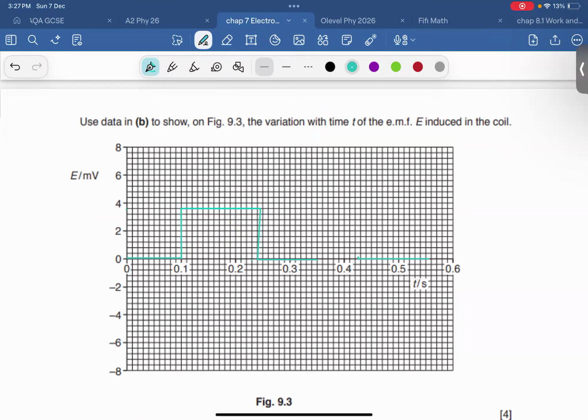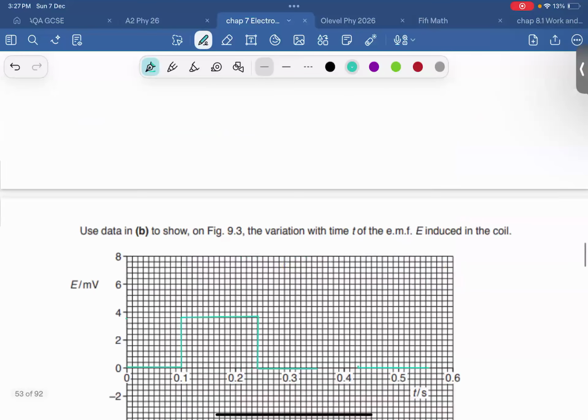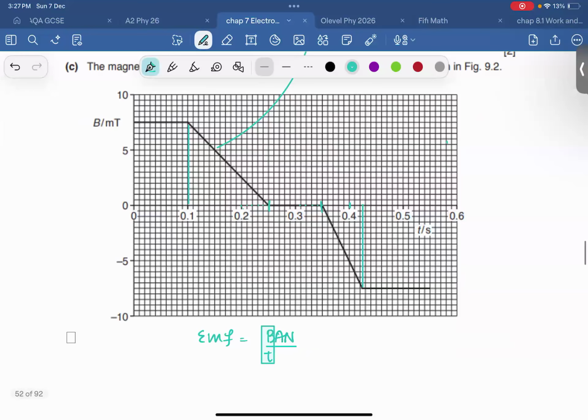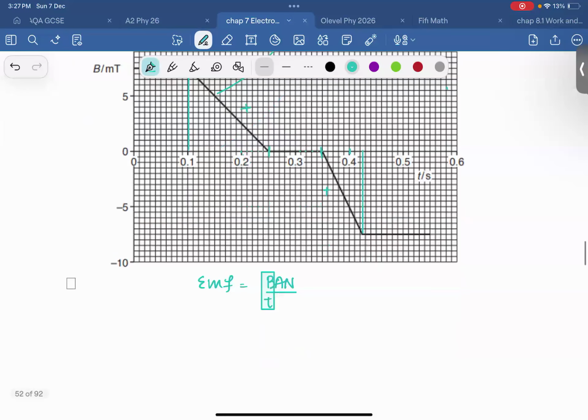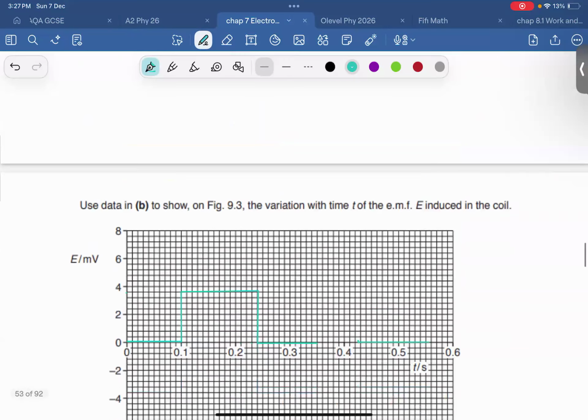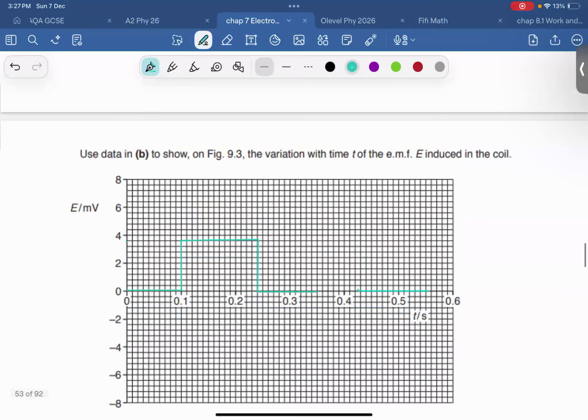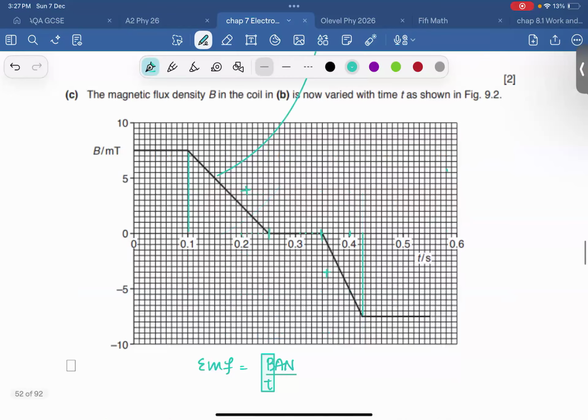This is for the first one. You can see that both of them have a negative gradient, so I am drawing it in the positive section, because according to Lenz's law that would be the negative sign. That's why I change the polarity.